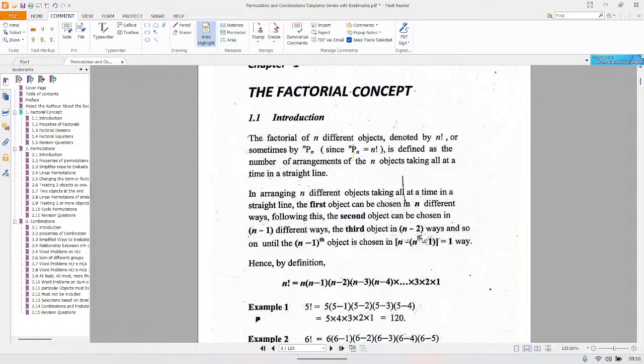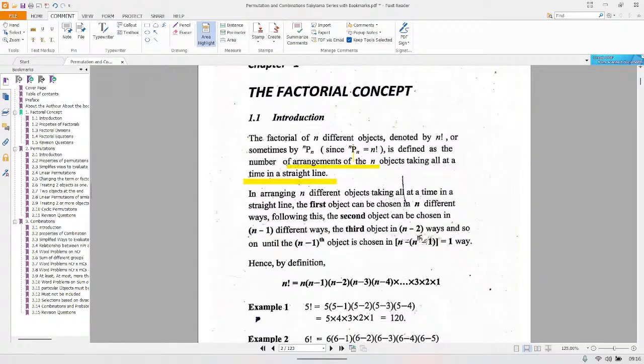It's defined as the number of arrangements of the n objects taken all at a time in a straight line.